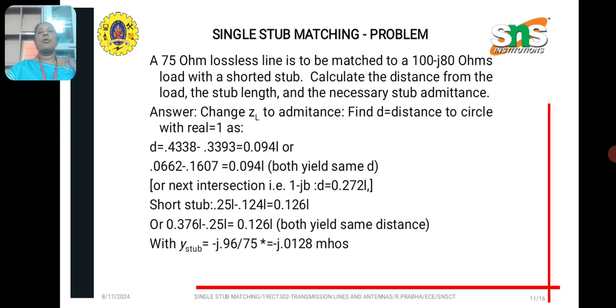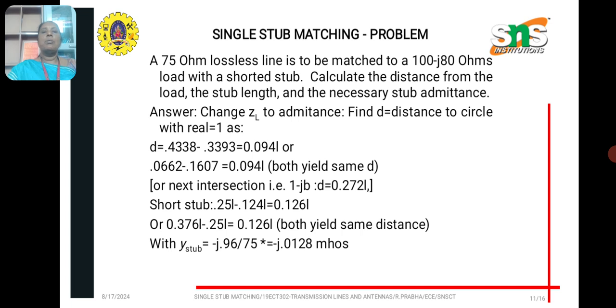Here a problem is given: a 75 ohm lossless transmission line is to be matched to a 100 minus j80 ohm load with a shorted stub. Calculate the distance from the load, the stub length, and the necessary stub admittance. To find the solution, we have to find the d value, the distance value.